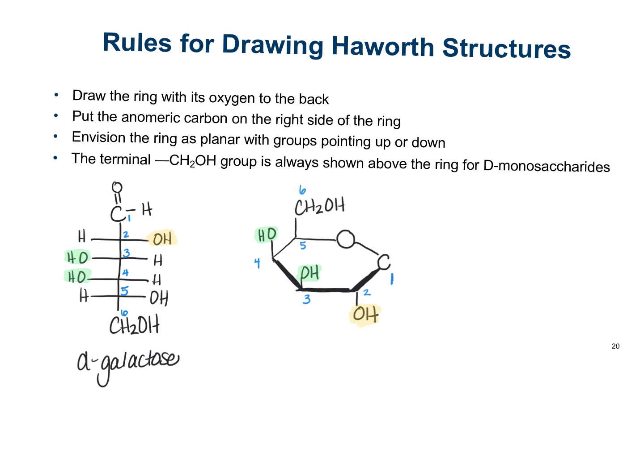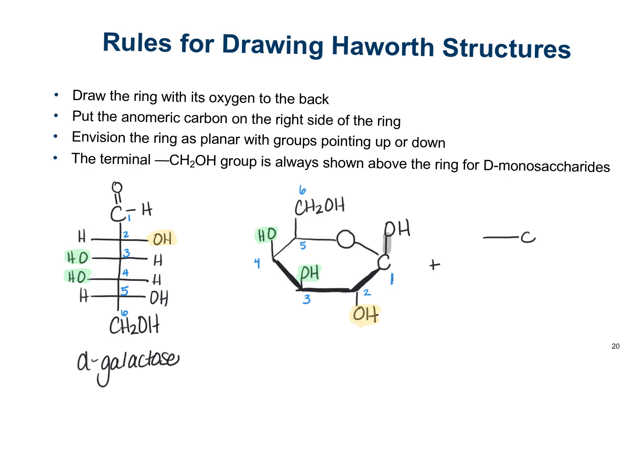Now, on this anomeric carbon, when we draw it, remember, because that's the carbon that forms, you can have 2. You can have an OH that goes up, right? Or you can have an OH that goes down.